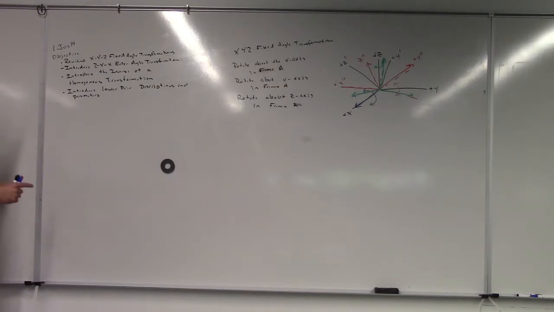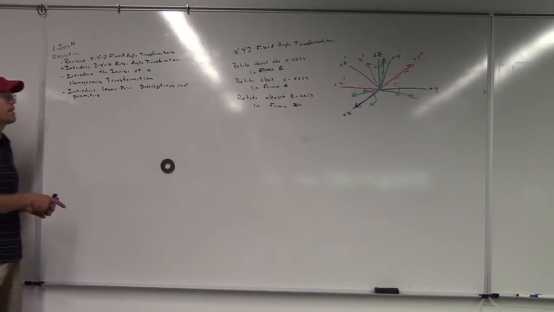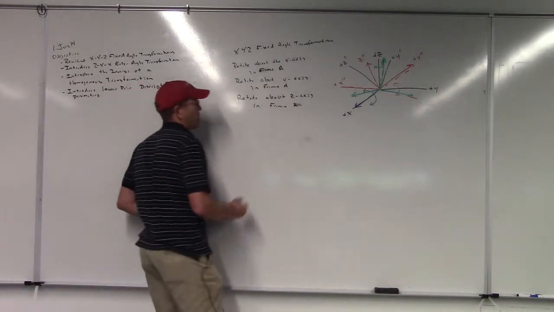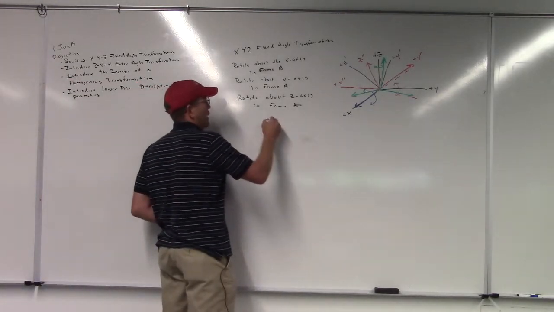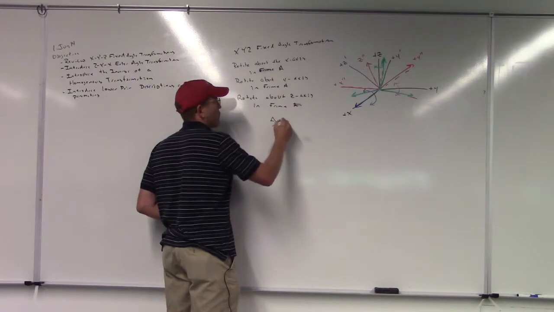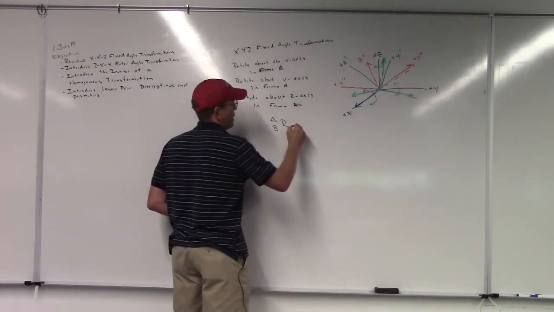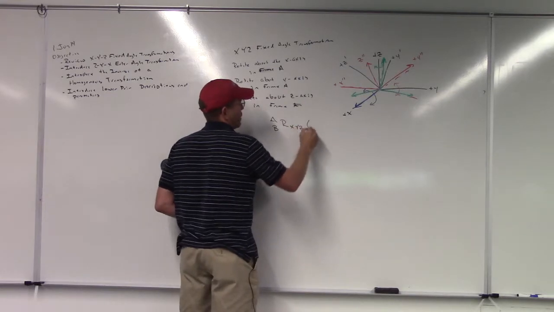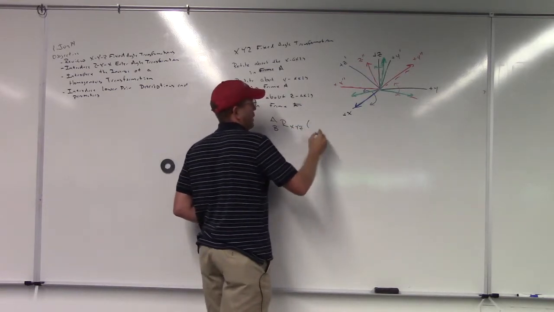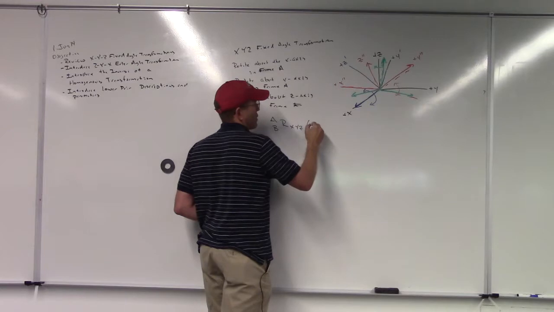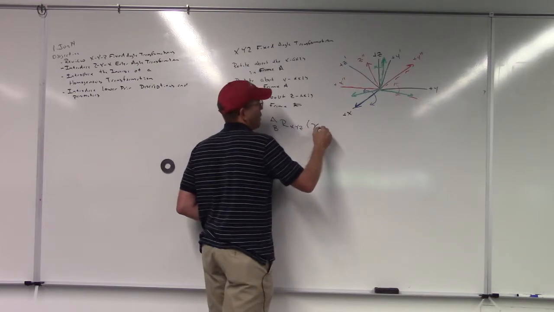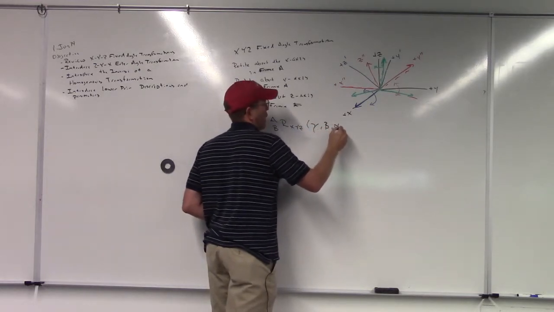It is the transformation going from frame A to frame B. So when we're looking at these fixed angle transformations, we can think of these as the transformation from A to B. And in fact, we see that this XYZ transformation, we know has the three angles associated with it, the gamma, the beta, and the alpha.